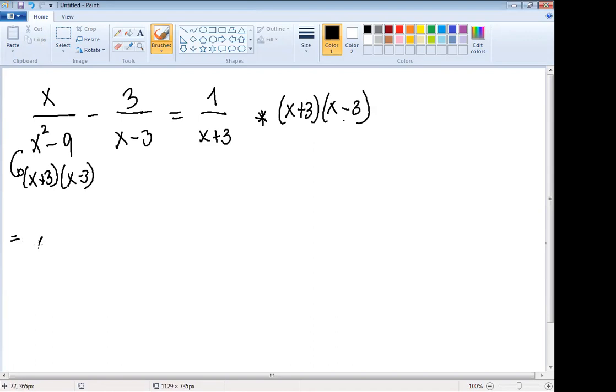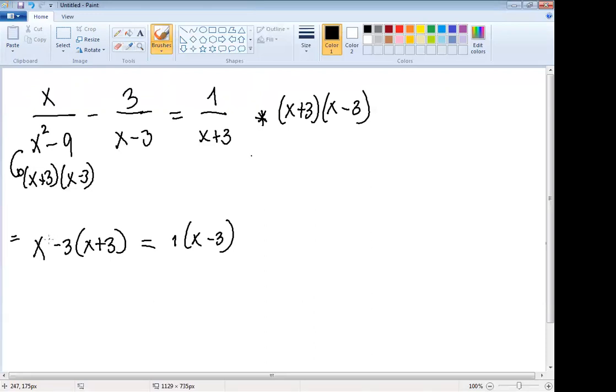We will have x, and then negative 3 times, here we can eliminate x minus 3, x minus 3. So we have x plus 3 equal to, this one is x plus 3, so we don't have the x minus 3. Therefore we have 1 times x minus 3. Did you get it? Yeah?